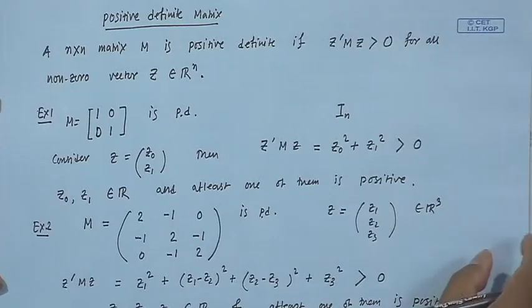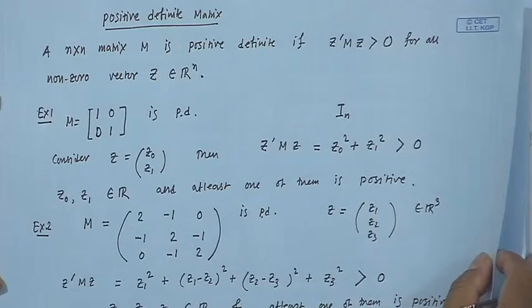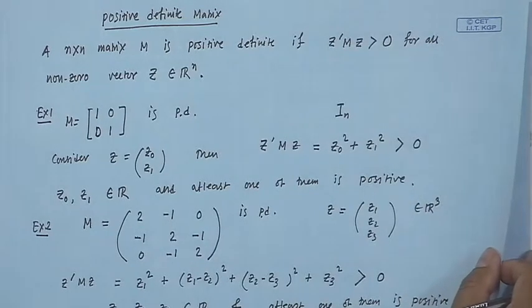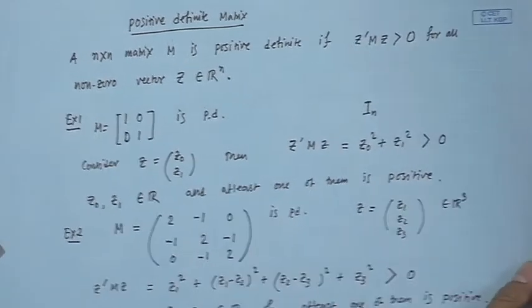So, you may think that if there are some positive terms in the matrix, then it is positive definite. I just give one more example, say example 3, which is not positive definite.